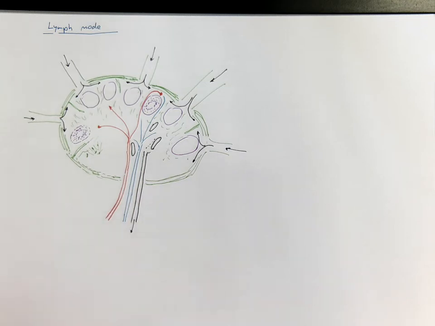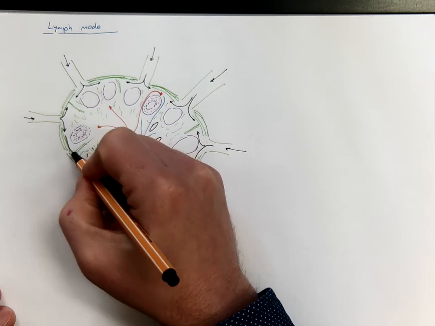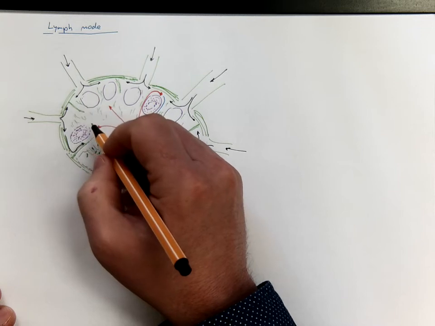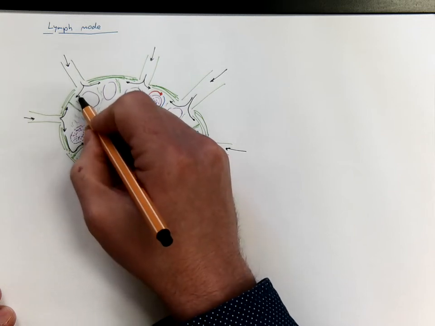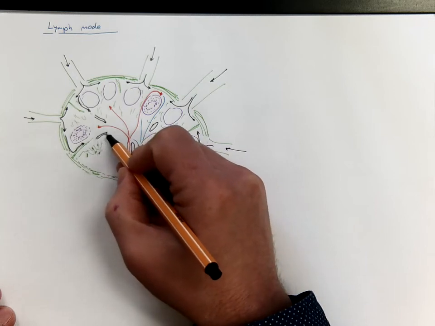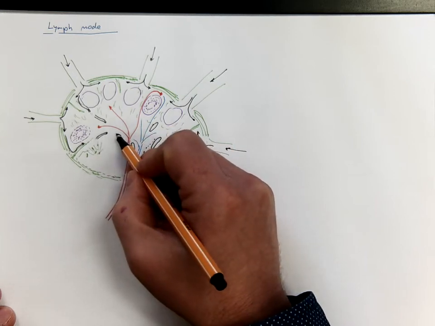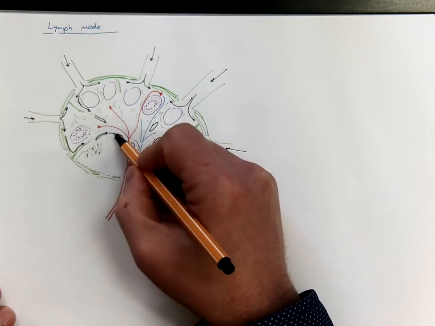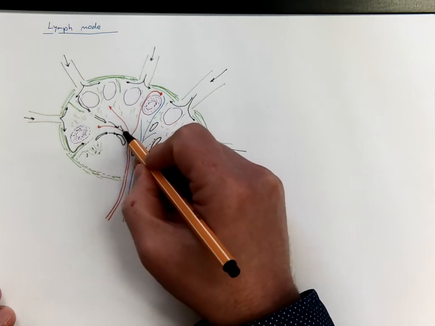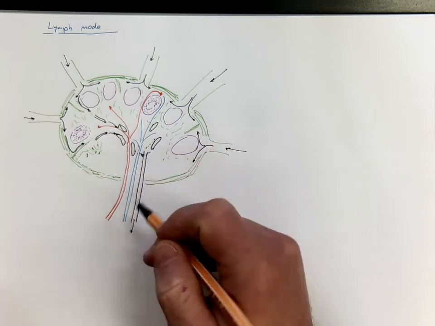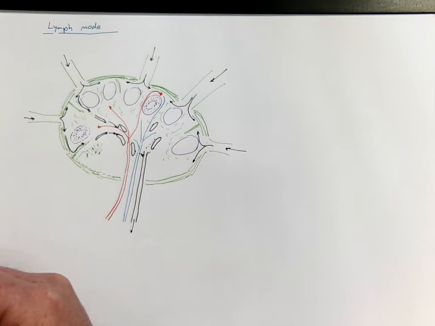And we have these sinuses, the paratrabecular, the paracortical sinuses, which bring us into the region of the medulla, the medullary sinuses. And then the lymph will reach the central region of the medulla, and the confluence of the medullary sinuses will give rise to the efferent lymphatic vessels.